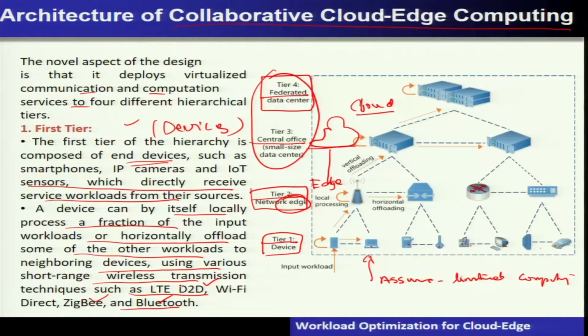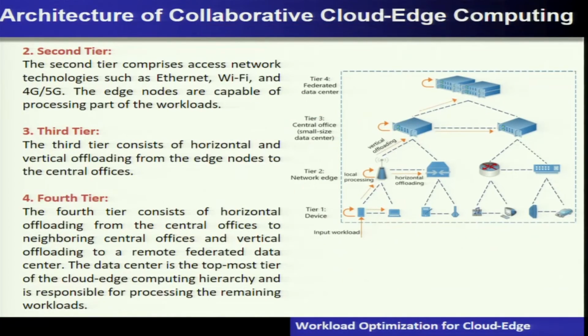So, there is a possibility of horizontal offloading at tier 1.